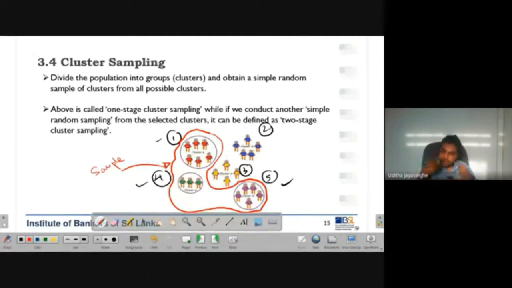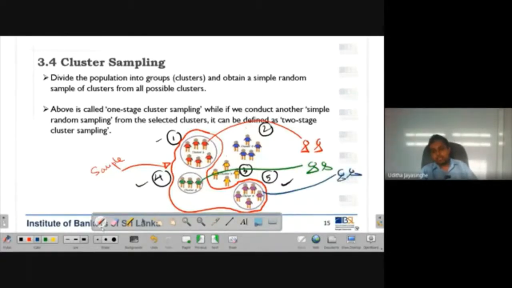Do another simple random sampling inside the cluster. Inside the red, you select 2 reds. From here, you select 2 reds. And from here, you select 2 greens. Here, you select 2 purples. Assume that this is purple color.